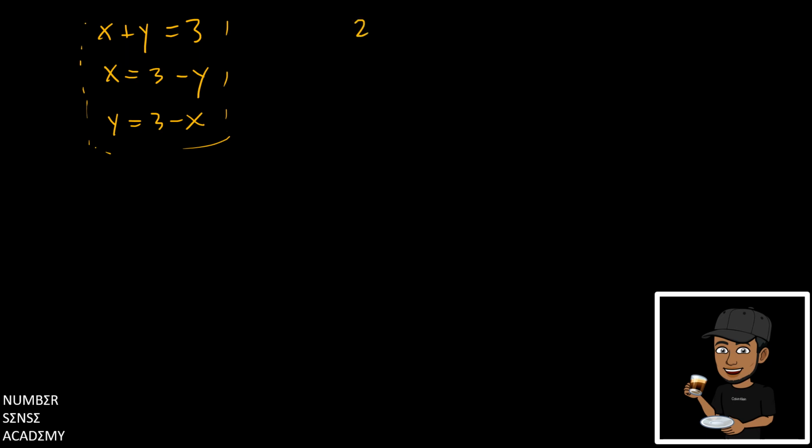If you have 2x plus y minus 3 equals 0, this is also nice and easy because we have the y right here. We could write this as y equals negative 2x plus 3. We like nice and easy to work with.